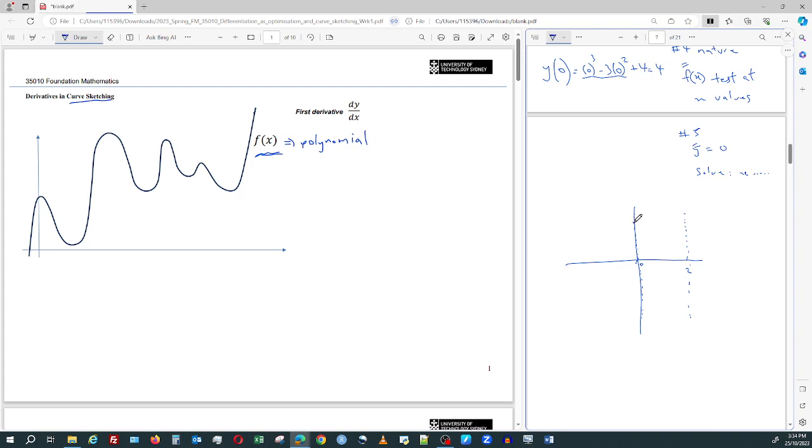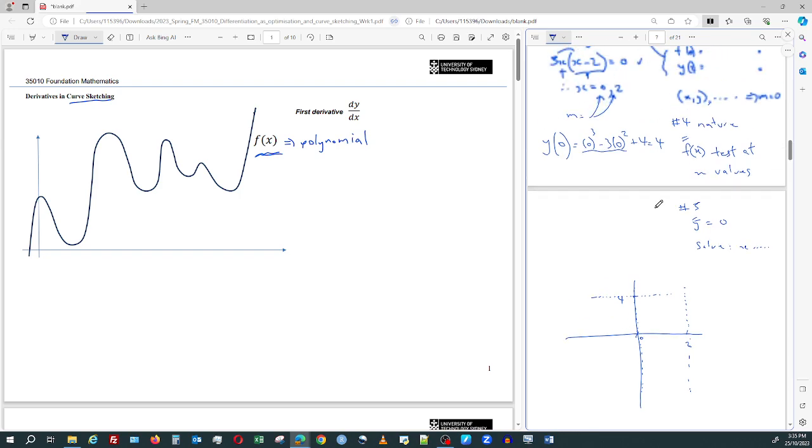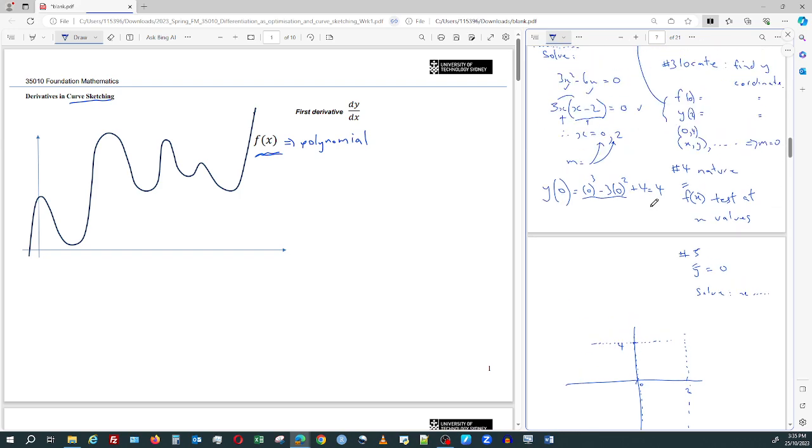Aha! So what we've established, and all we've established, is that m equals 0 at y equals 4. That's all we've established, nothing else. We haven't established its nature, only that there is a point on the y-axis at 4 that has a tangent, or an m, of 0. There it is, at 4.